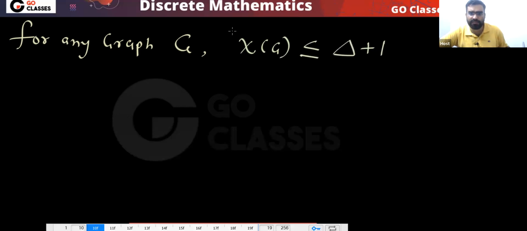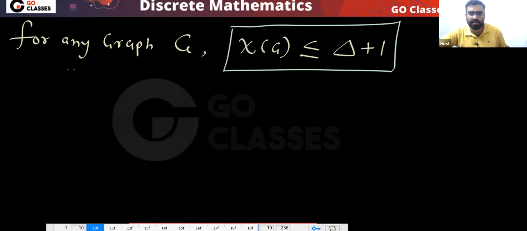This statement we have seen. For every graph, this will happen, where the maximum degree is the maximum degree of the graph.